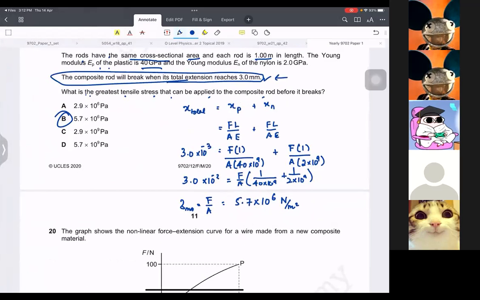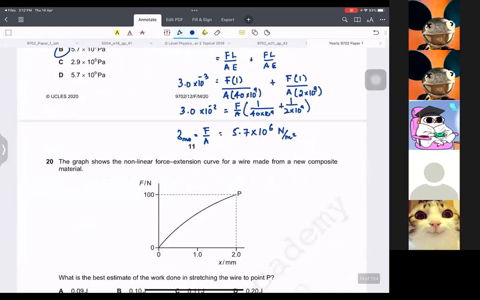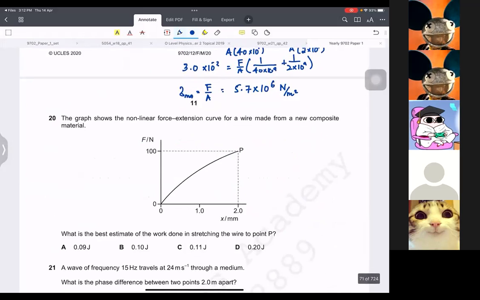Thankfully, we have more time for paper 1. This is a harder paper anyway. So what is the estimate of work done stretching? So, all right, we need to find half. So if I make a half, right, like this, so half times 100 times 2 times 10 raised to power minus 3.